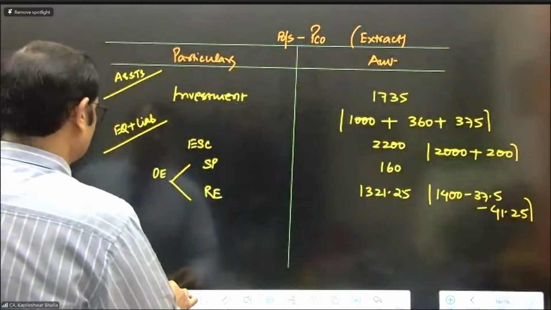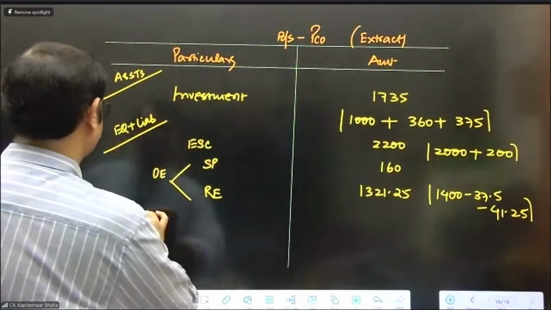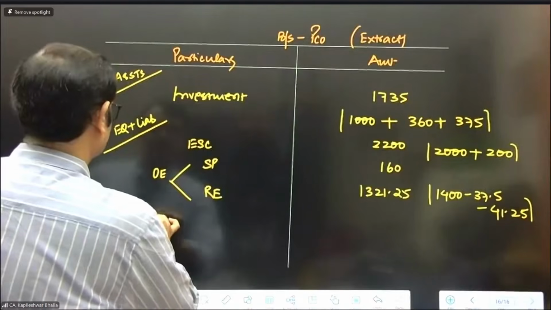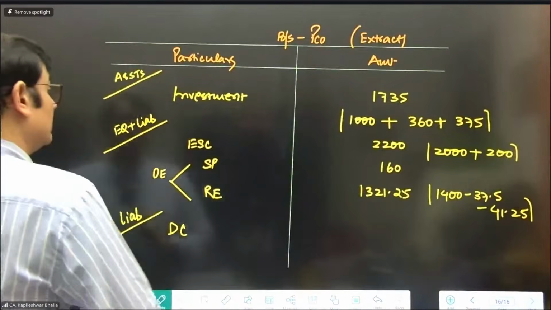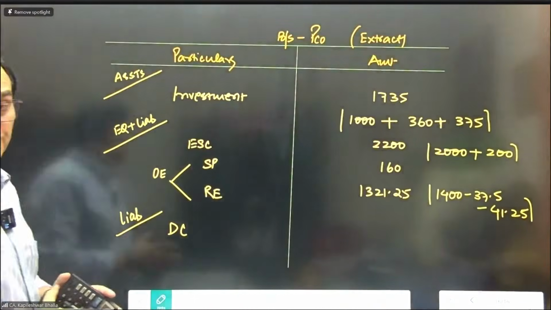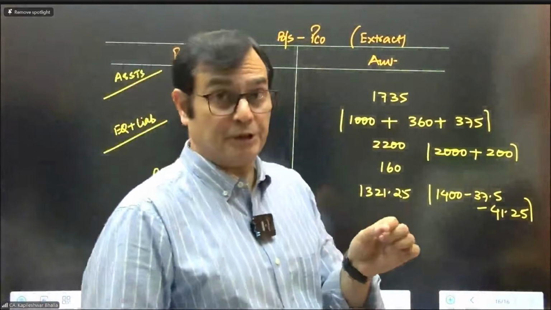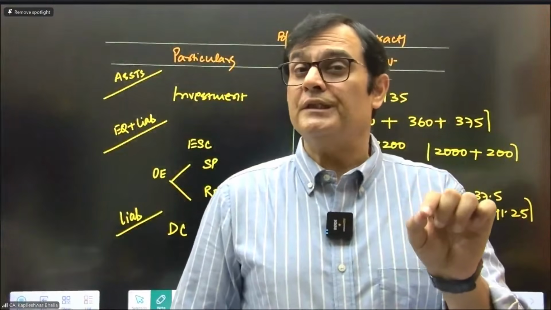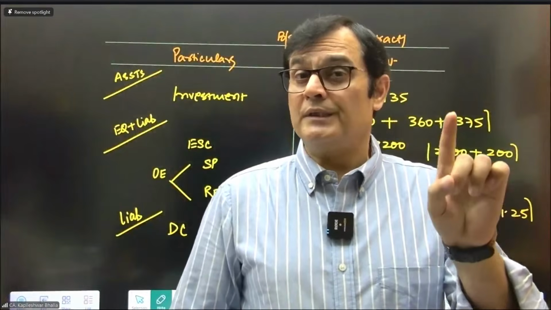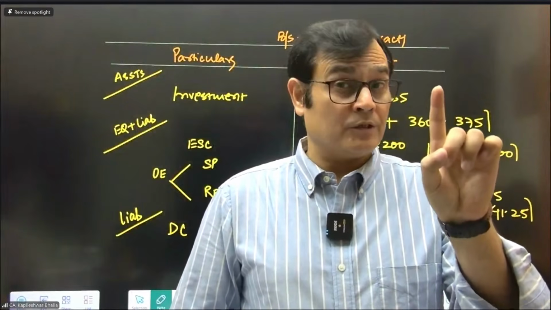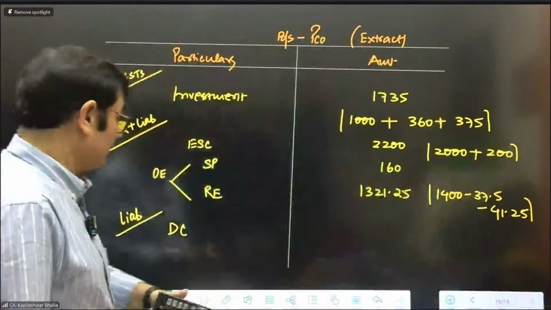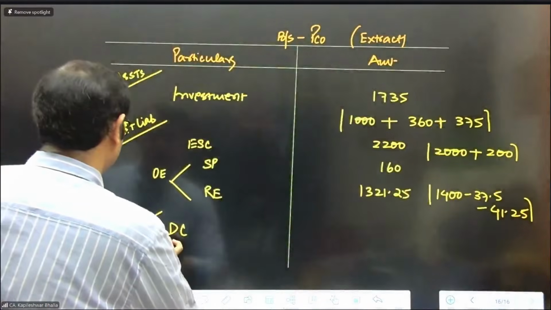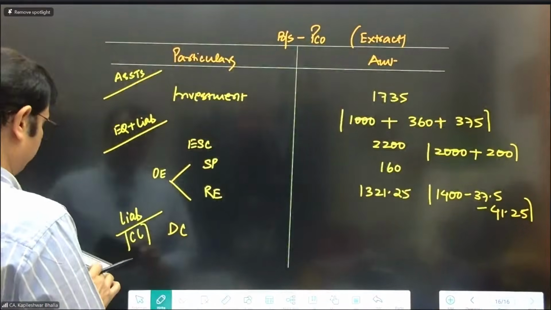So we can take it on the liability side. So we've got a deferred consideration. Now also remember that this deferred consideration will become a current liability in nature, because this amount was payable 3 years later, and 2 years have already elapsed. So another 1 year it is payable. So it's a current liability in the balance sheet. So let me also make a mention that this is a current liability.